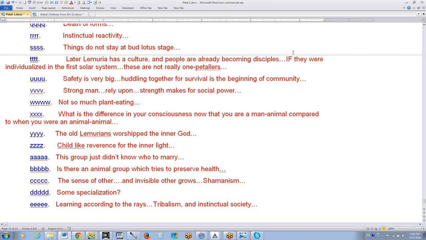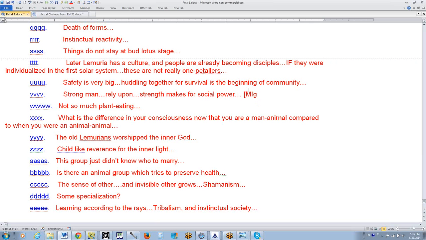The whole factor of safety, the seventh ray, was very big, so the huddling together for survival in the beginning is the beginning of community. One had to be then the strong man who could be relied upon, in that sense, a very first ray period. In a way here, might makes right. Who is respected? The strong.